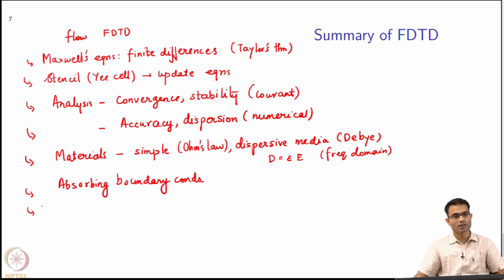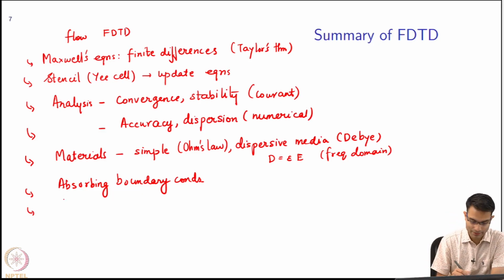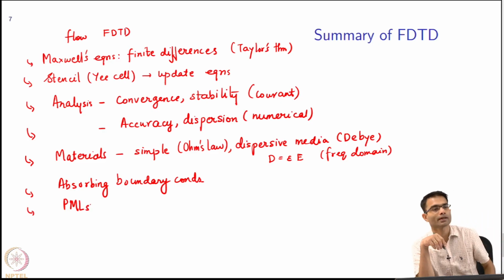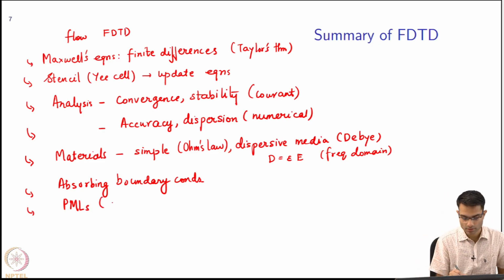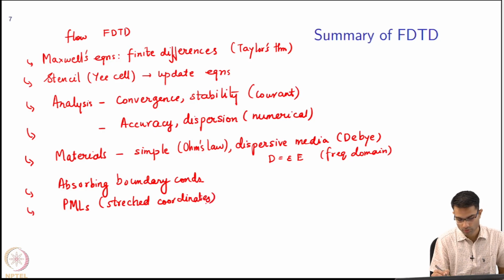So, then the remedy was perfectly matched layers, right. So, we looked at PMLs, we looked at the theory via stretched coordinates, right. And then we looked at the implementation in FDTD.